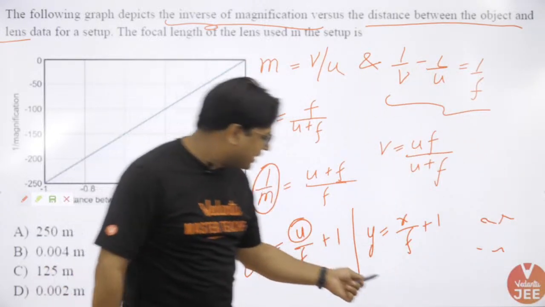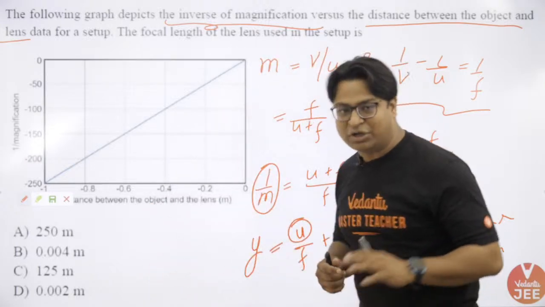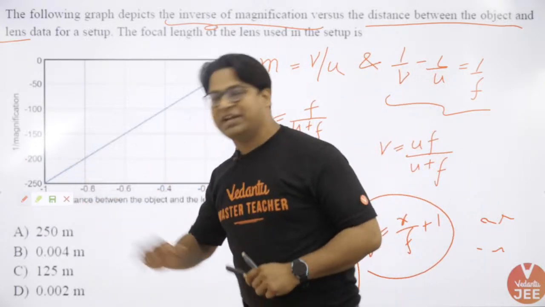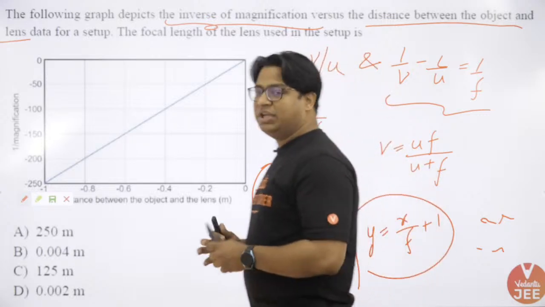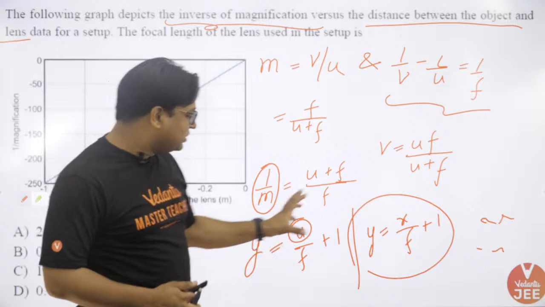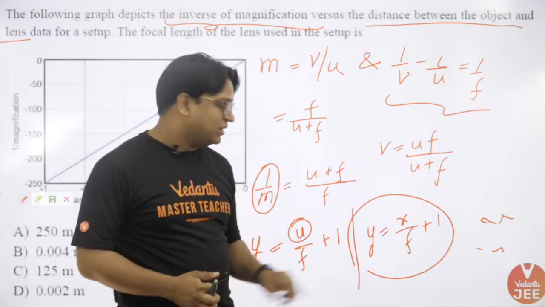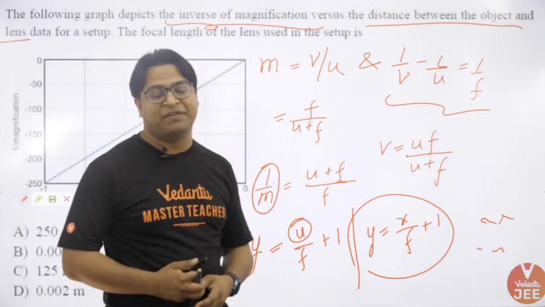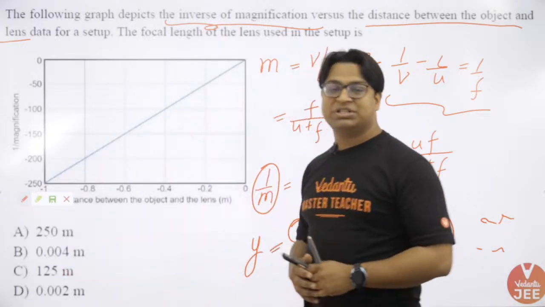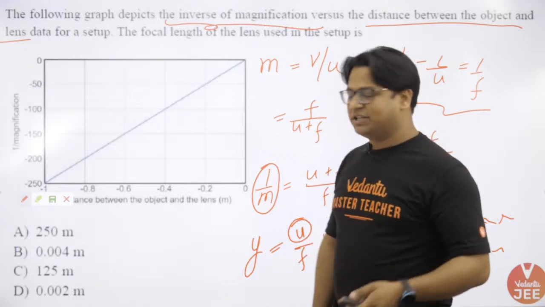So we are getting the equation of a straight line. That is a relieving thought, because we are given a straight line in the question, and now we have been asked to find out the focal length of the setup. So in this equation I can see that the slope of the graph is 1 upon f. So if I find the slope using this data, then I'll get the focal length.